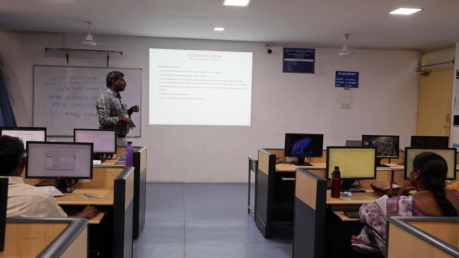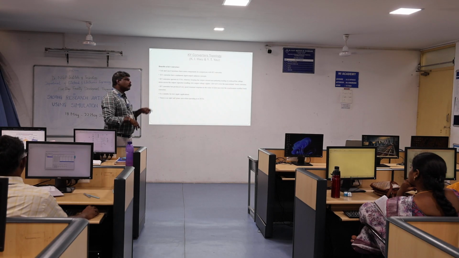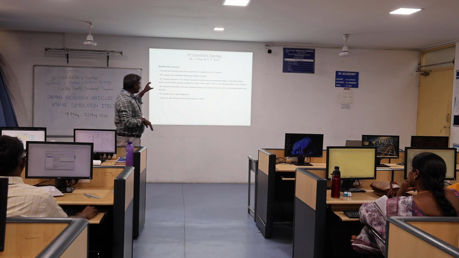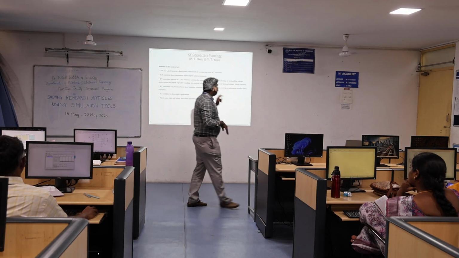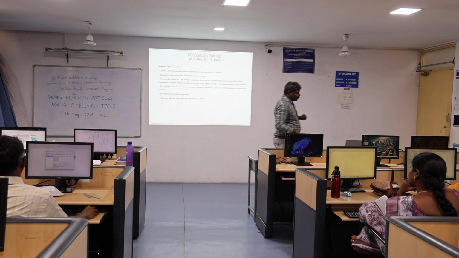That is another advantage of this topology. Next, it is more suitable for low ripple applications. There is also no right half plane zero when operating in discontinuous conduction mode. So these are all the main benefits of the KY converter topology.